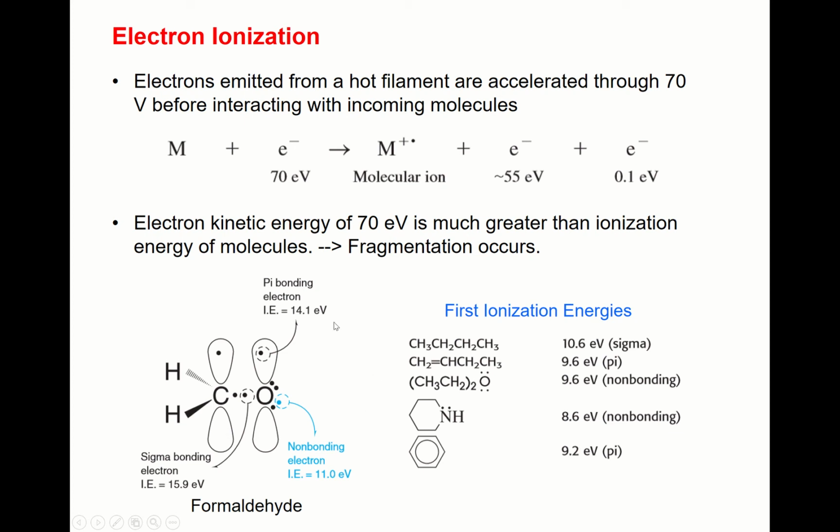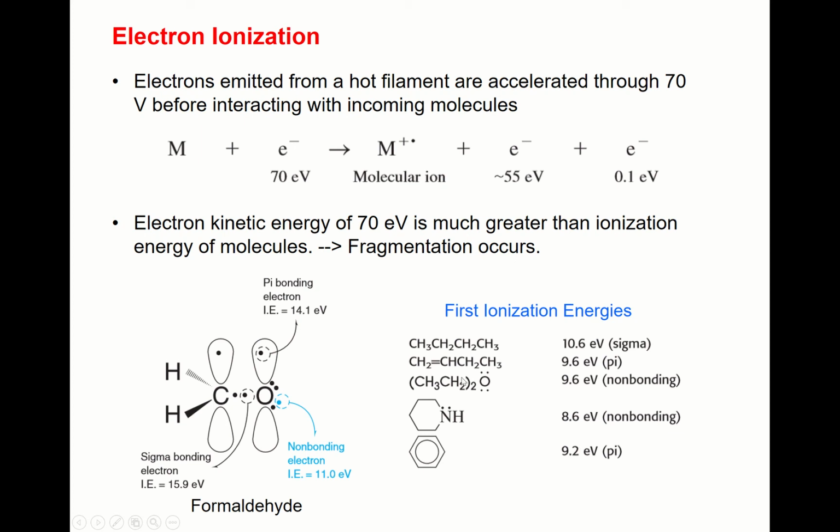So when this formaldehyde molecule collides with 70 electron volt high energy electrons, usually these chemical bonds are broken, so fragmentation occurs.